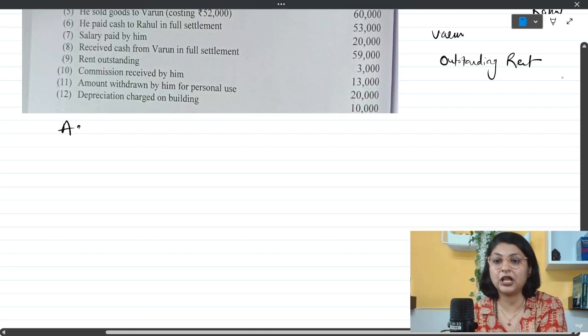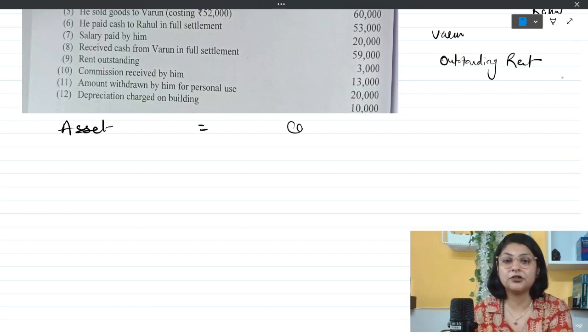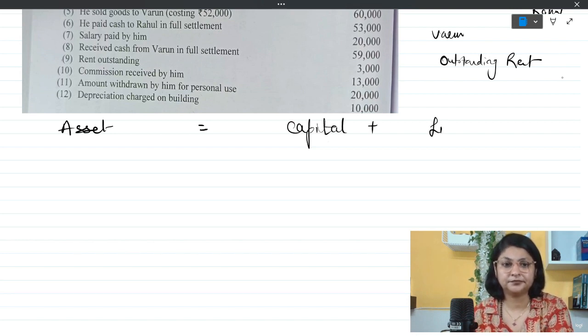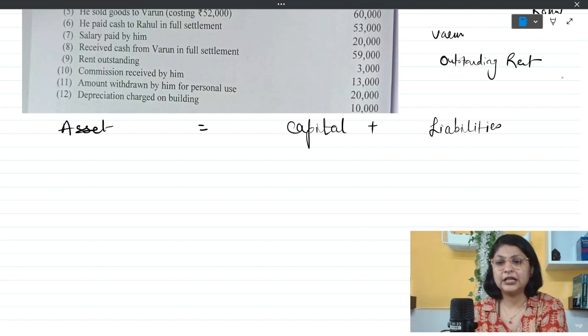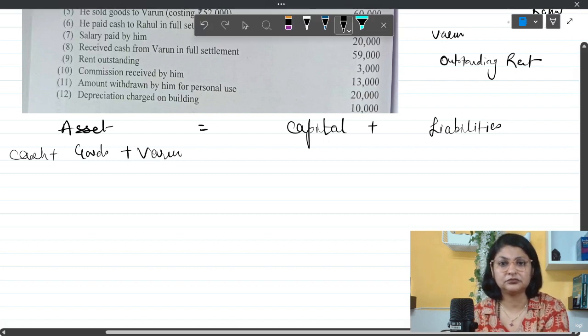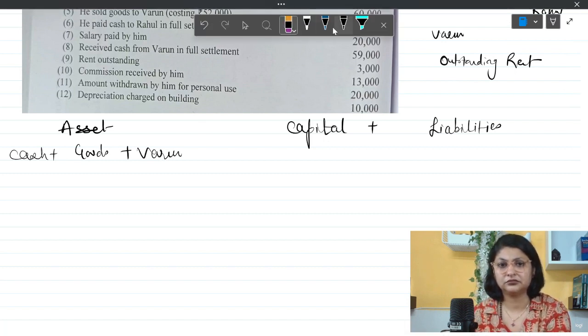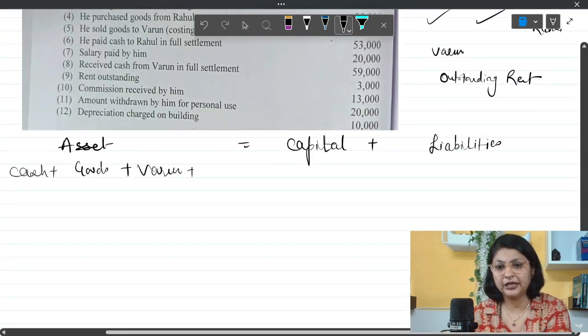First of all, I am going to write on top my accounting equation, which is assets is equal to capital plus liability. And under assets, I am going to write cash plus goods plus Varun, the debtor, and building.